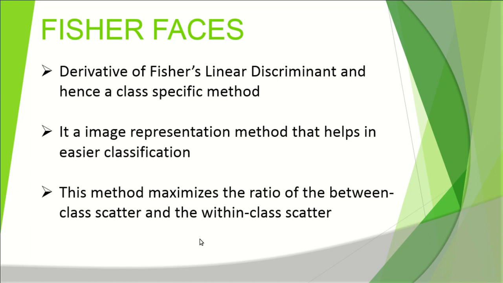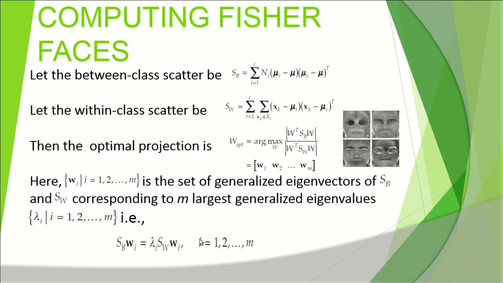This method's main advantage is that it maximizes the ratio of between class scatter and the within class scatter. That is, it does not store unnecessary information such as lighting variations or occlusions, etc., which helps to determine the emotions efficiently.